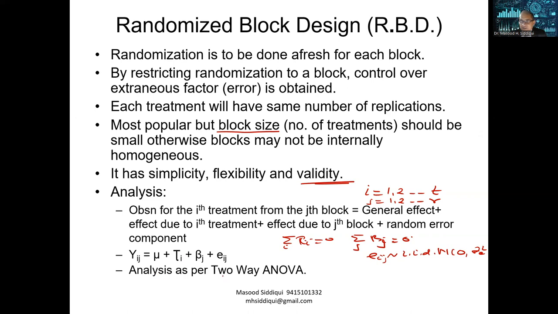Now, for this analysis, we use the two-way ANOVA that we have studied earlier also. Just to have an idea, we will be discussing the basic concept of two-way ANOVA again. So now we are discussing the analysis for RBD.